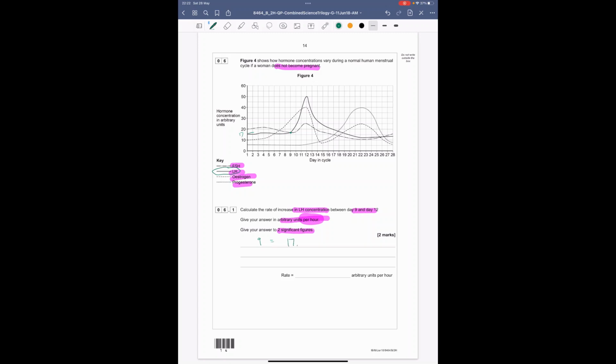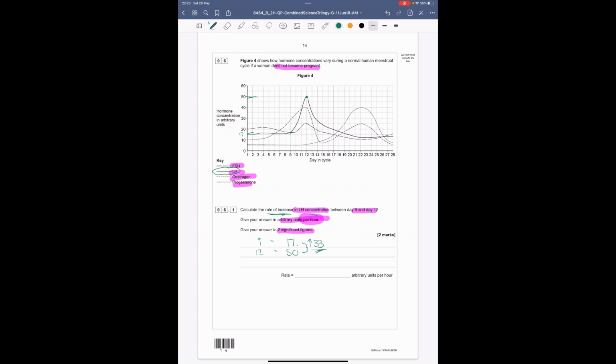On day 12, it's at 50. Just reading off the graph there. So therefore, our change, how much it's gone up, because we're calculating the rate of increase, it's gone up by 33 arbitrary units.